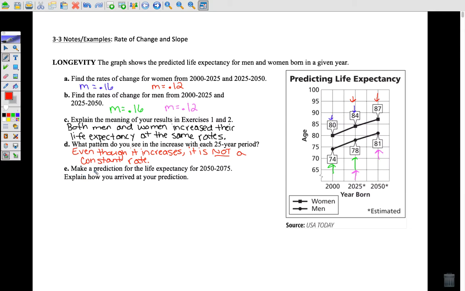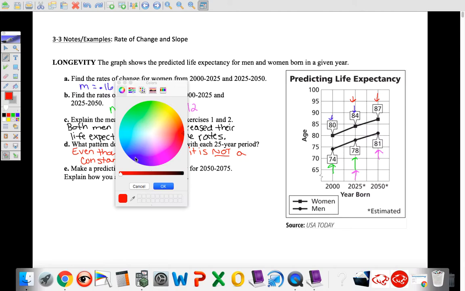Okay, make a prediction for the life expectancy for 2050 to 2075 and explain how you write out your prediction. So I'm going to show you more in writing with numbers.